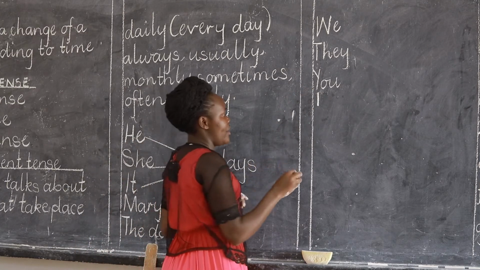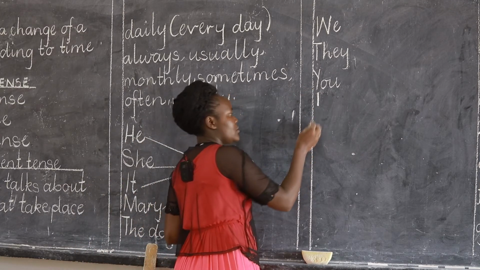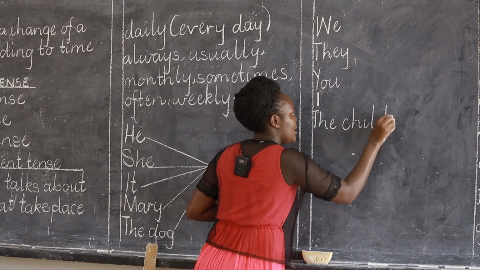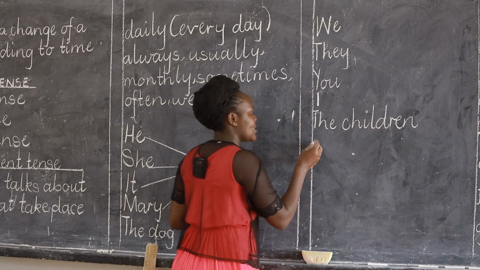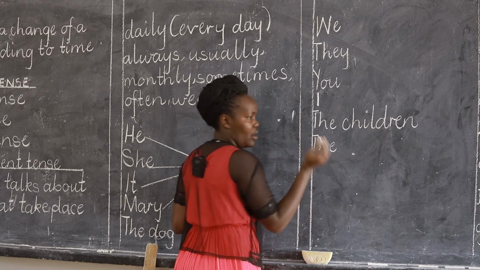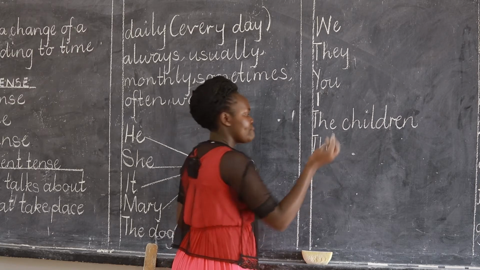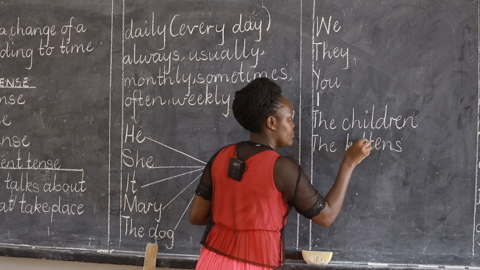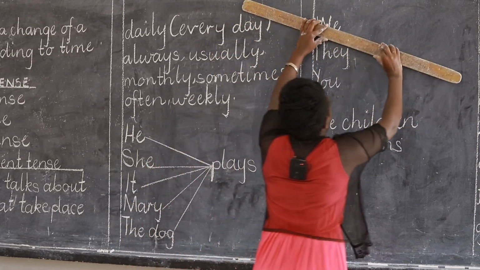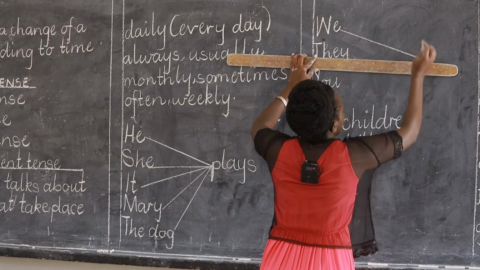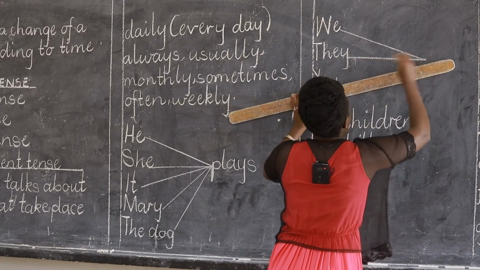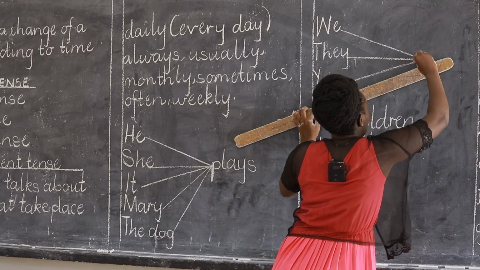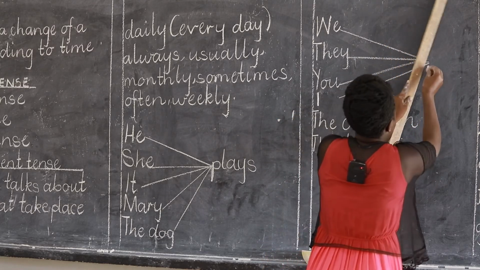Let's get other plural nouns, like what? The children. It can be Peter and Paul. It can be the kittens. Let's see what happens to the plural pronouns and our I. When you are referring to yourself, what happens?